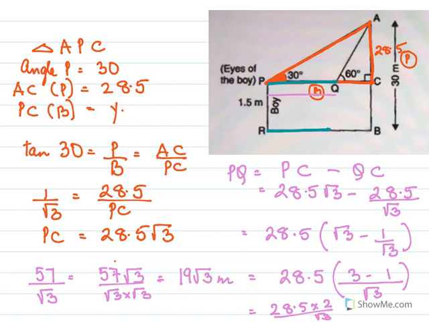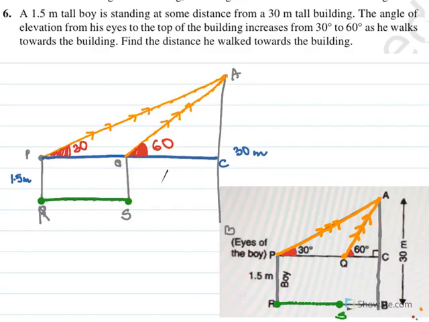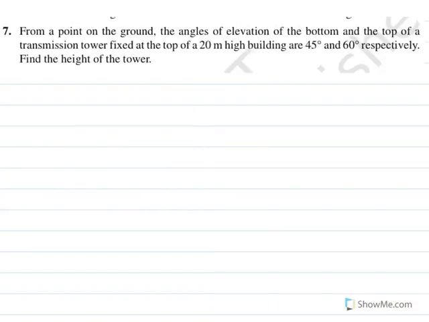So this becomes 19 root 3 meters. So the distance he has walked is now 19 root 3. The boy has walked a distance of 19 root 3. If you remember this picture, we said here this is the distance he was walking, and that distance we found as 19 root 3.